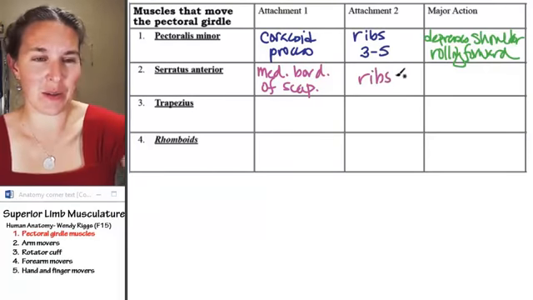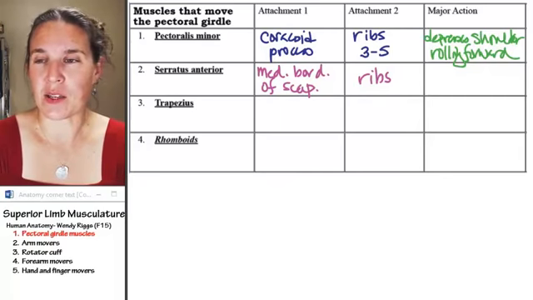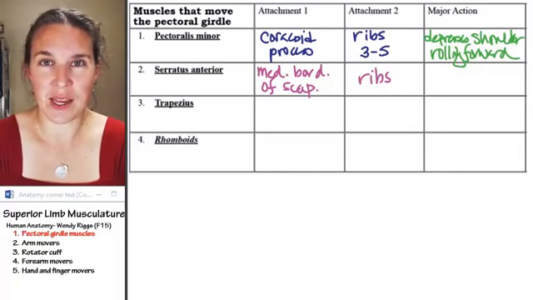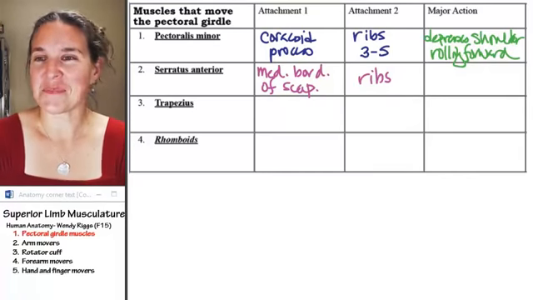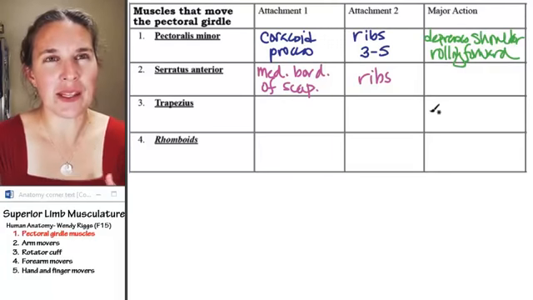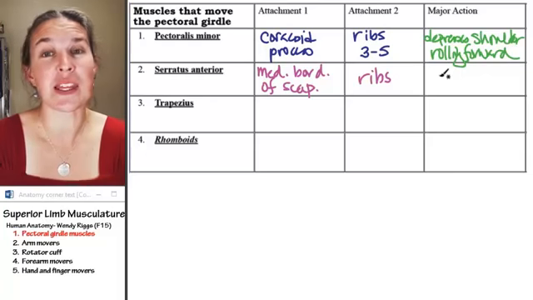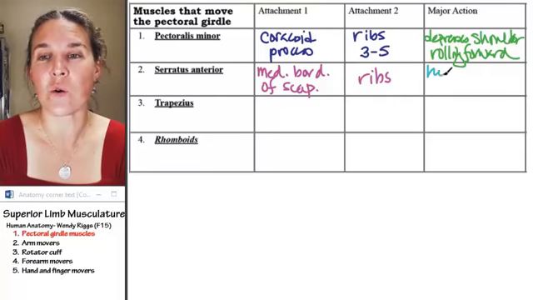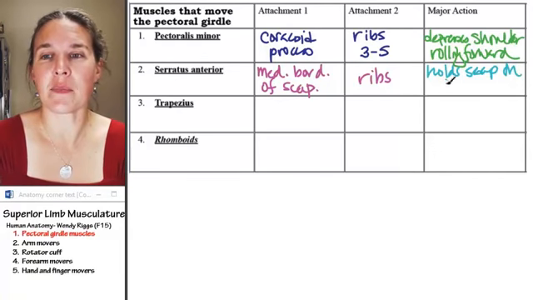I mean, we've got numbers, but I can't remember what they are, like 1 through 8, something like that. And the major action, I mean, there's lots of things that it does, but the thing that I want you to know is that it holds scapula on back.